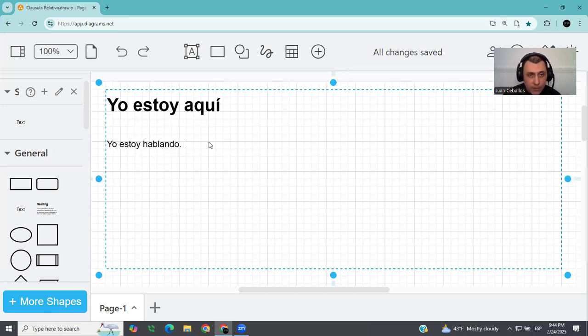Progressive tense in Spanish is formed normally with the verb estar. There are other verbs that can be used to form the progressive, the same as in English. The progressive tense is formed with the verb estar plus any verb in the gerund form.